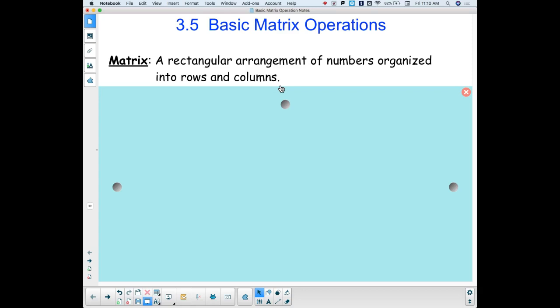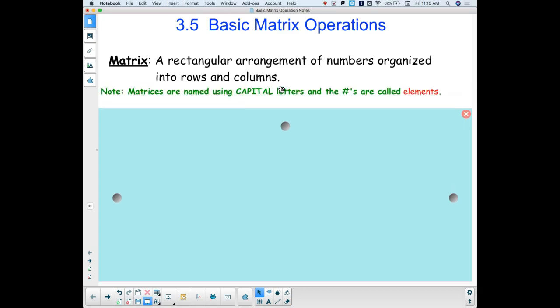So it's a rectangular arrangement of numbers organized into rows and columns. Matrices are named using capital letters. So if we're talking about a particular matrix, we would refer to it by that capital letter, matrix A or matrix P, however we want.